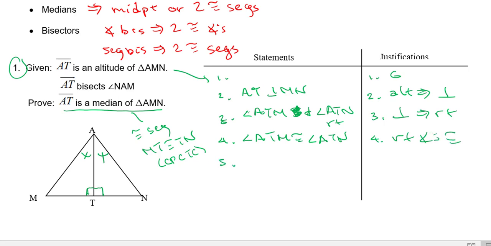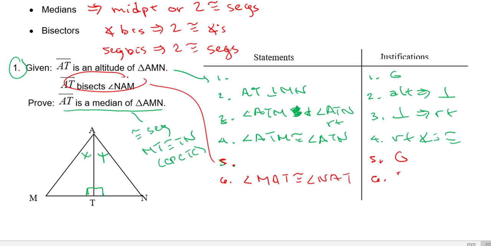Step 5. Now let's change the color here. I need this one. Okay, and from that, I think we said that the angles are congruent. So angle MAT is congruent to angle NAT.